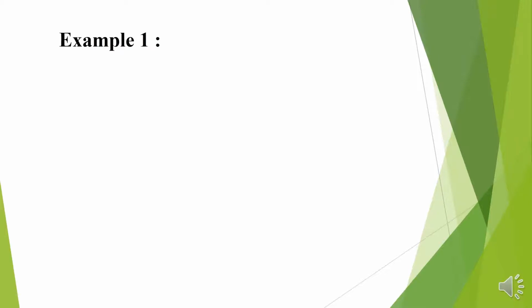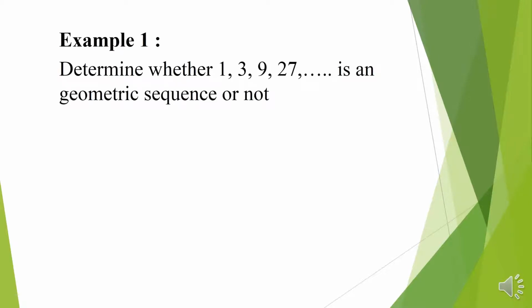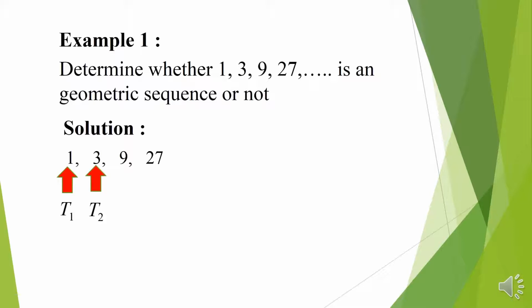So let's see example 1. Determine whether 1, 3, 9, 27 is a geometry sequence or not. Let's see the solution. We have 1, 3, 9, 27, and let us assume that 1 is the first term T1, 3 is the second term T2, 9 is the third term T3, and 27 is the fourth term T4.